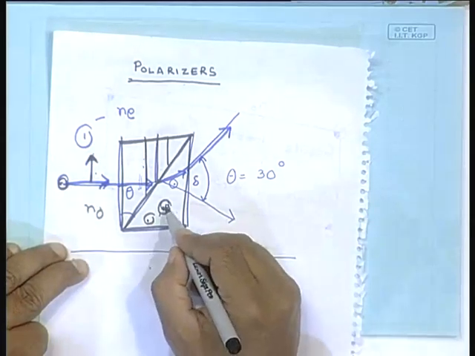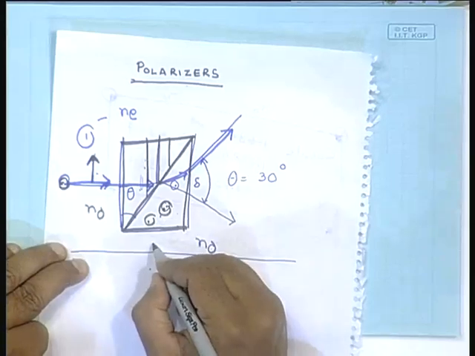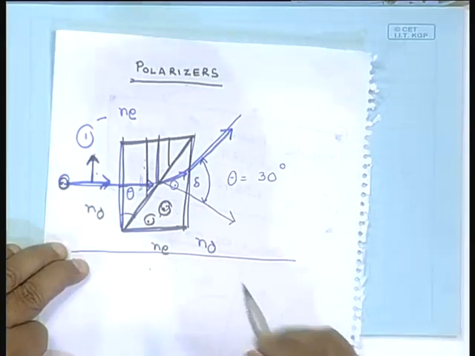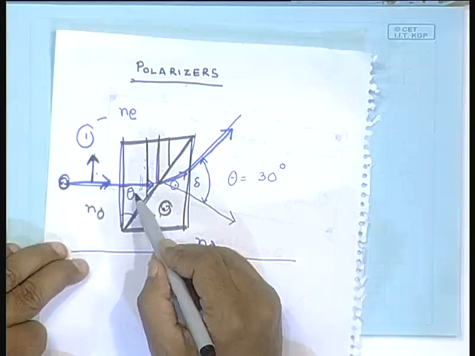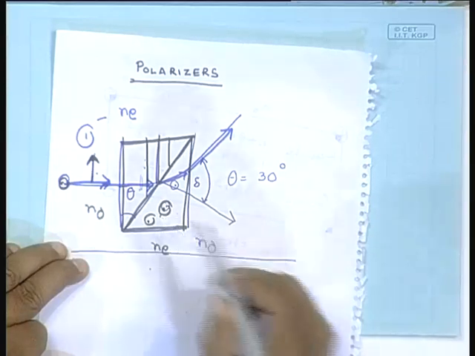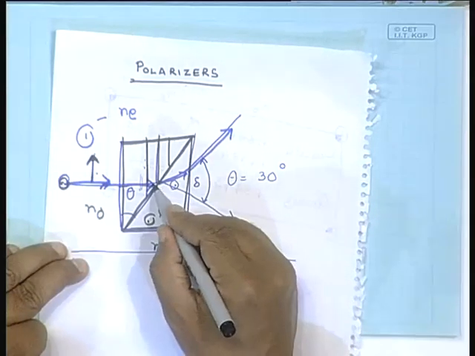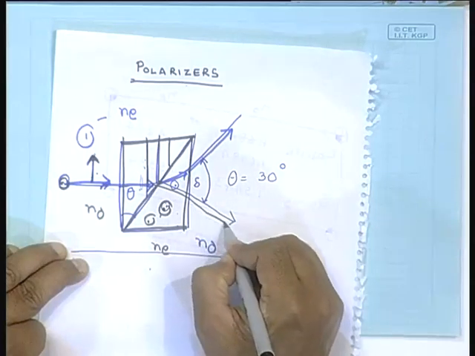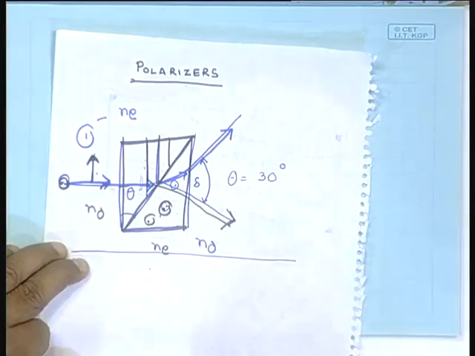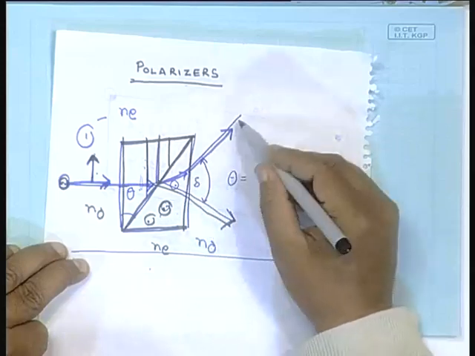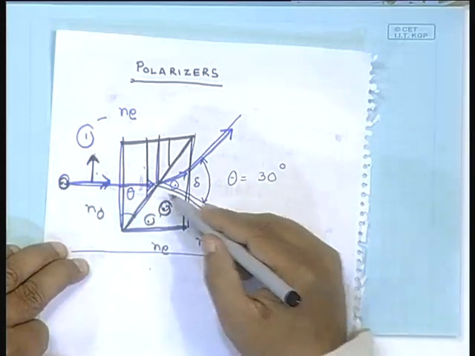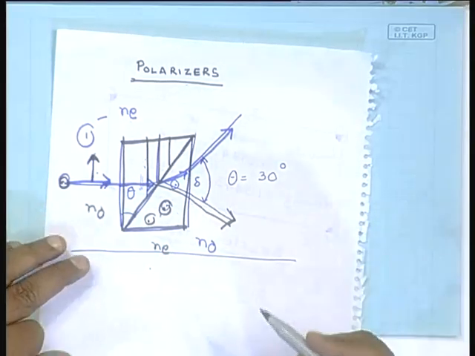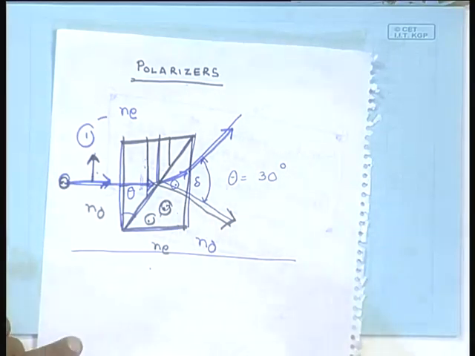It will see the extraordinary refractive index in this medium. So, this will go from a refractive index NO to a refractive index NE, take a different path, and come out like this. So, what you get is two rays coming out. You sent in one ray, you have two rays coming out. This is why this is called birefringent in the first place. You have double refraction, right.